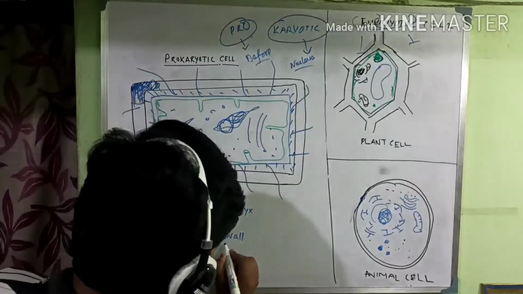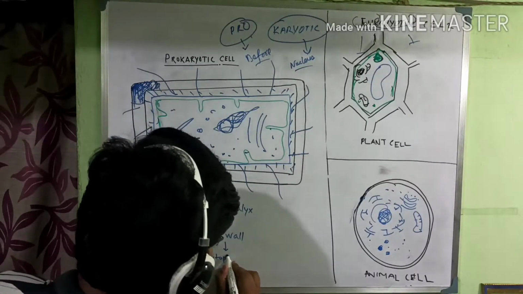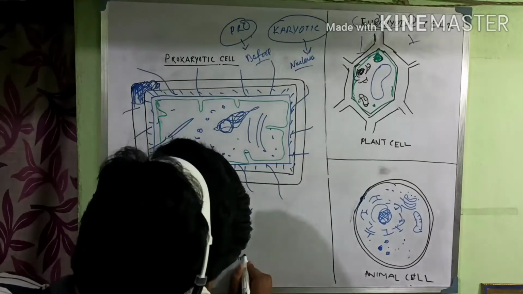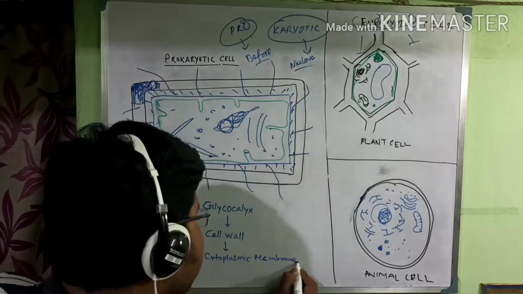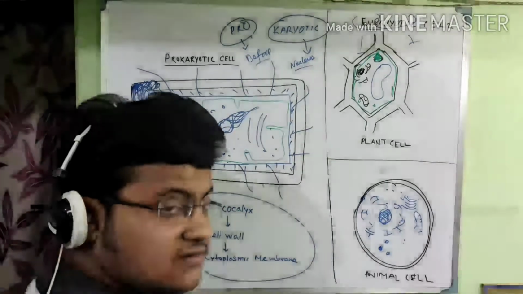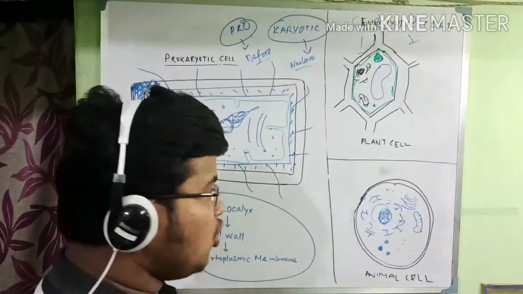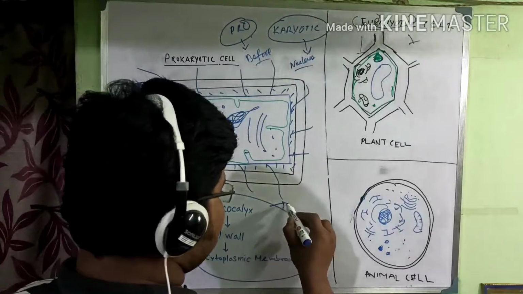After that, the cytoplasmic membrane. And these three protective coverings of the bacterial cell are known as the cell envelope.